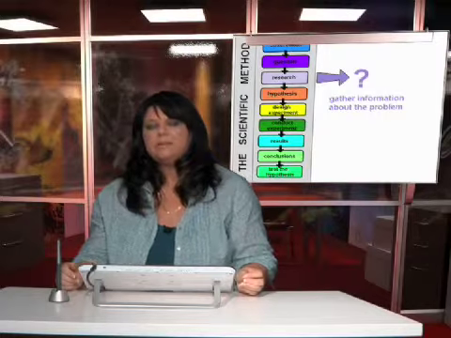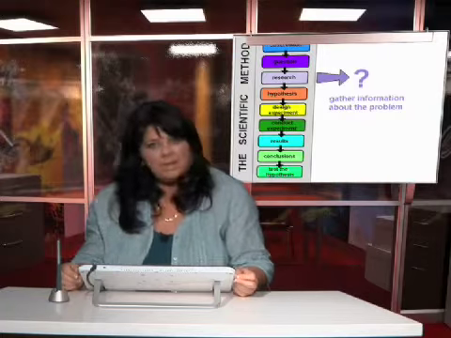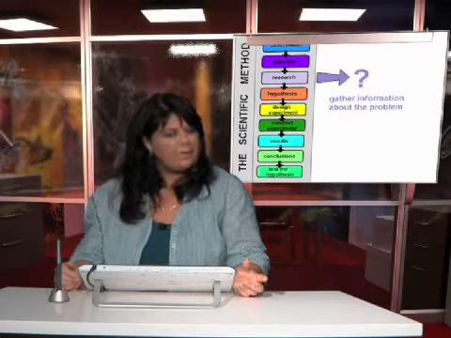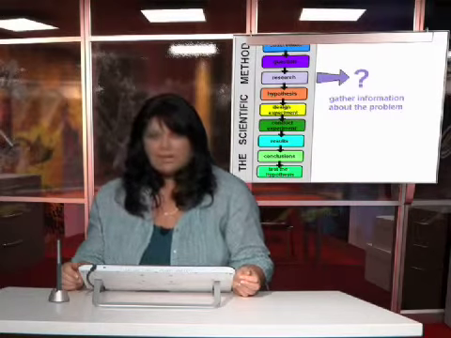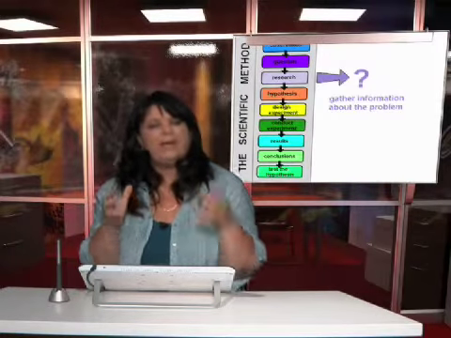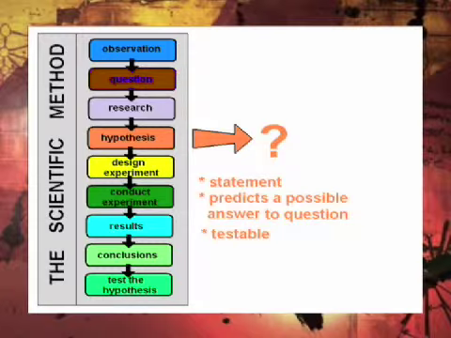You've possibly done some research into why sugar dissolves in water, and does temperature actually affect the way that sugar dissolves in water. And so you've got a little bit of research, and now you're ready to get to the next step in the scientific method, which is making a hypothesis.